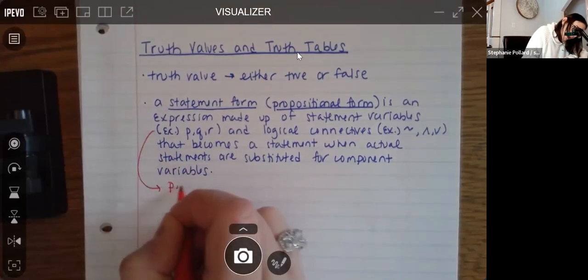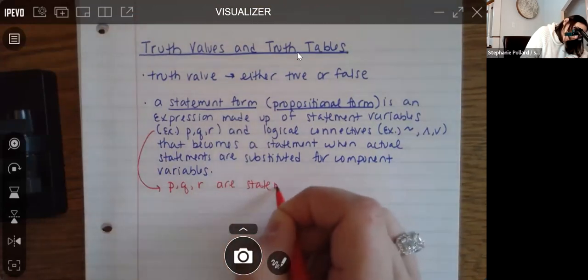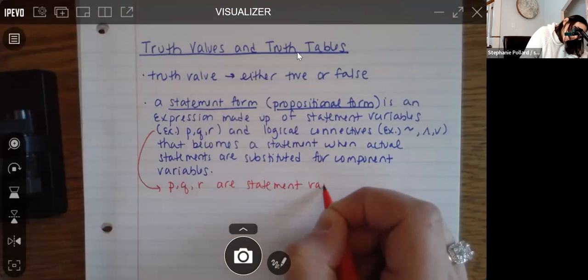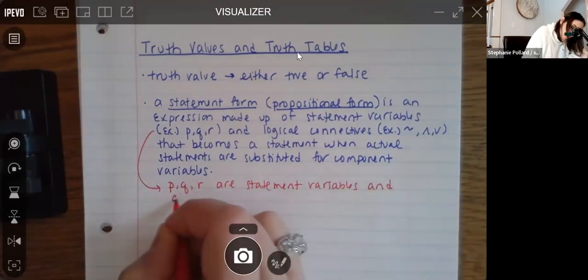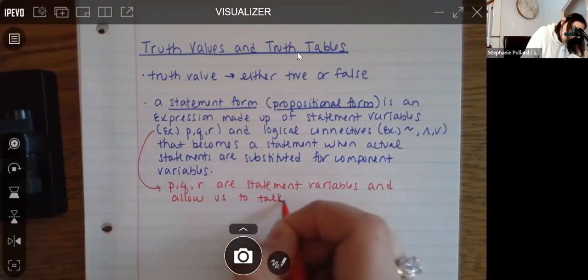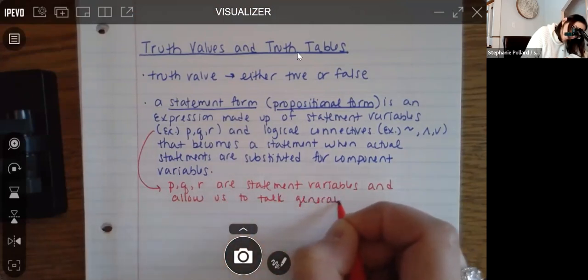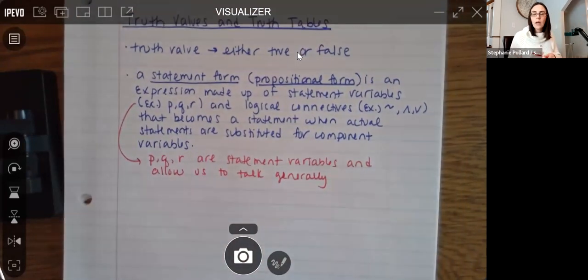So what's kind of happening here is that P, Q, and R are statement variables and allow us to talk generally. You're going to see that we have a lot of common forms in logic that we use.